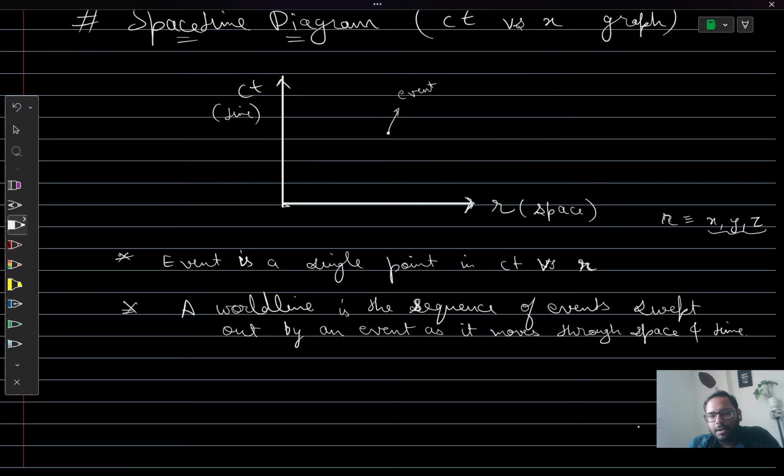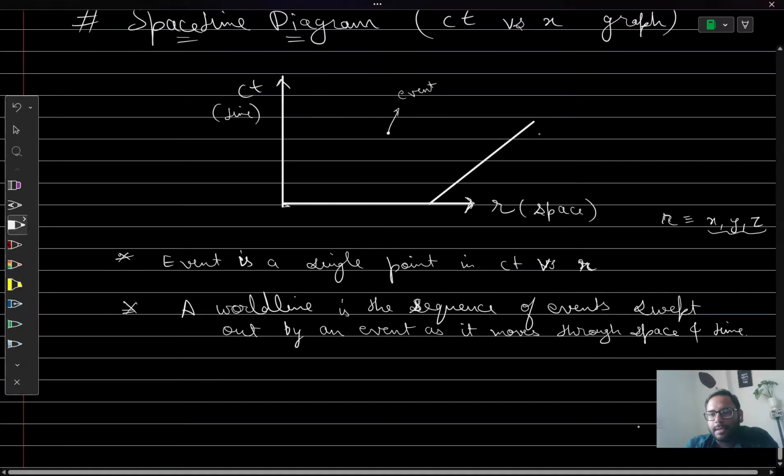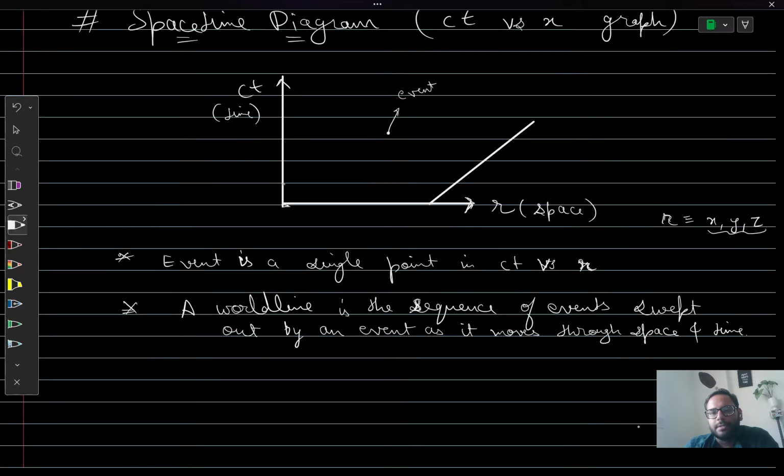You can just say a world line is a sequence of those events, or a trajectory traveled by that particular point, that is also called an event, as it moves through space and time. Say this is my world line. We usually do not denote it by an arrow because you can already see from the time dimension that time will proceed from 0 in the upward direction.